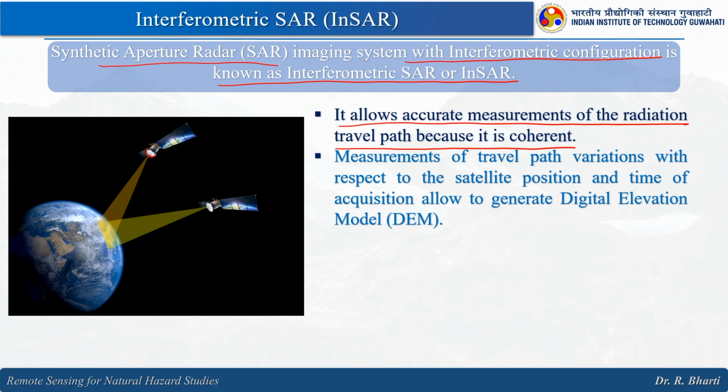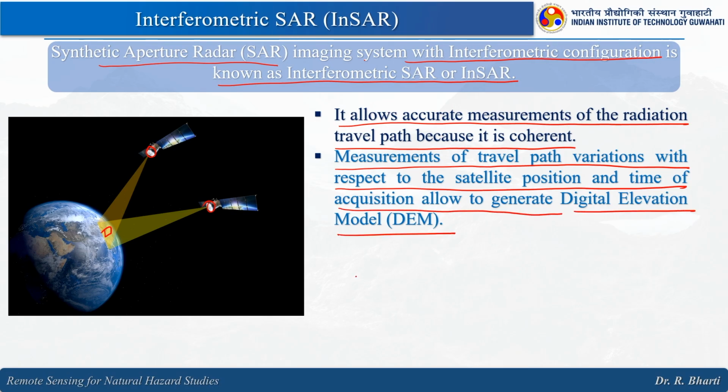It is from two different positions, but they are looking at the same location. Measurement of travel path variation with respect to the satellite position and time of acquisition allows us to generate a digital elevation model, right. So this is widely used for digital elevation model estimation or generation.